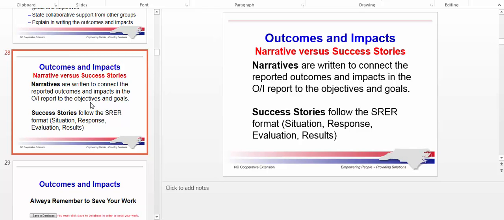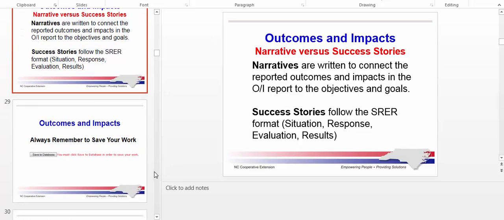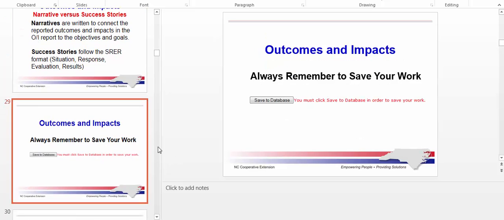Success stories, which we'll talk about next, follow the SRER: situation, response, evaluation, results. And just like before, you make sure you save this to the database when you're completed with any entry. Again, every 6 months minimum you need to report.